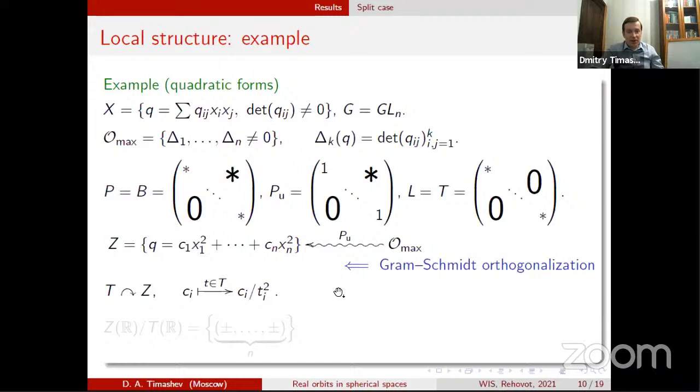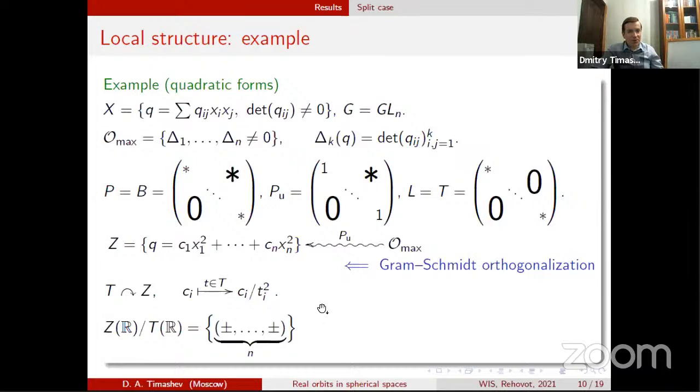But if you are working over real numbers, then there are more orbits, because under this action, the signs of coefficients are preserved. So the real torus orbits on the real locus of the slice are parameterized by n tuples of pluses and minuses. There are 2 to the n orbits in the slice.